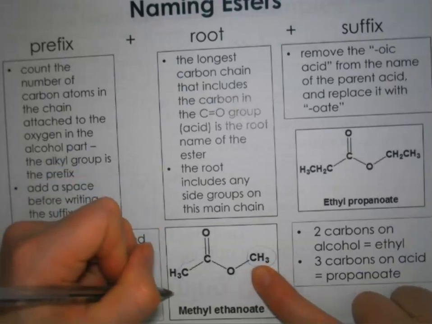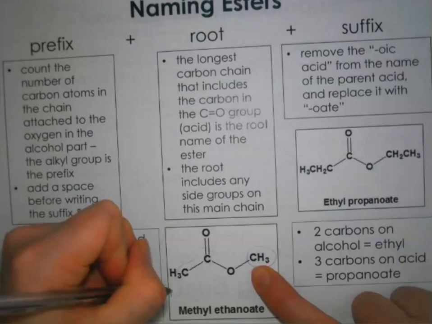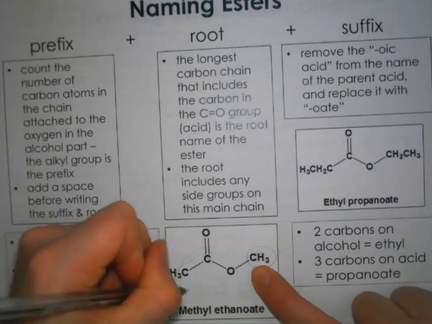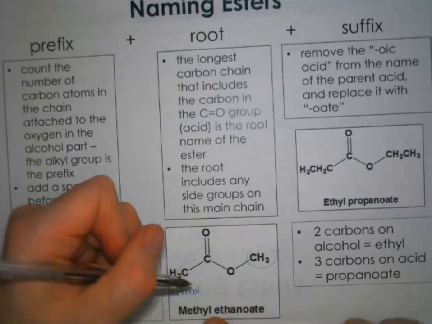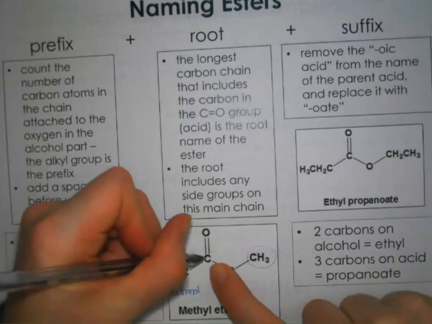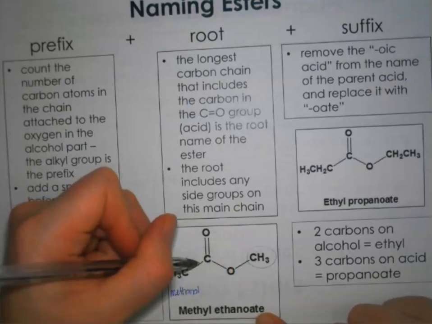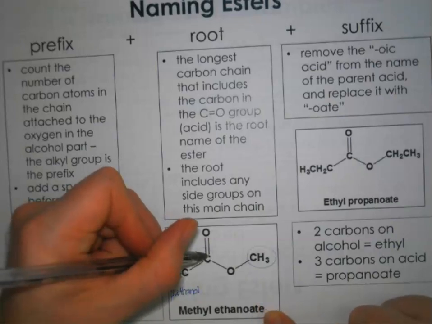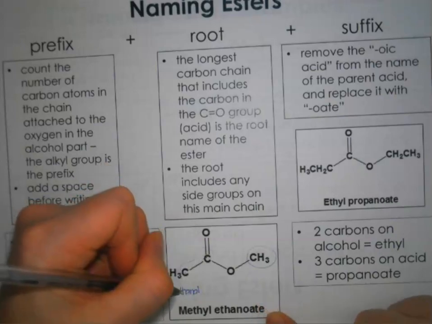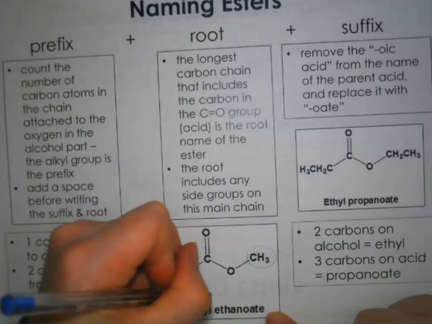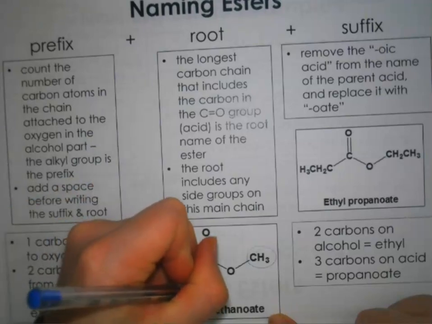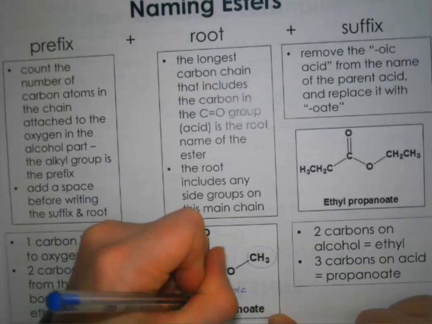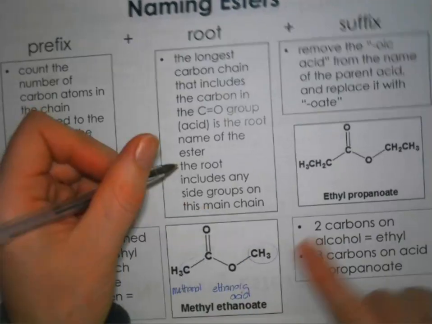So our alcohol is methanol, right? So just changing it from methyl. And then this ethanoate shows that it's an ester, but the ester was built off of the alcohol and a carboxylic acid, so it would be ethanoic acid. Ethanoic acid. Same thing for this one.